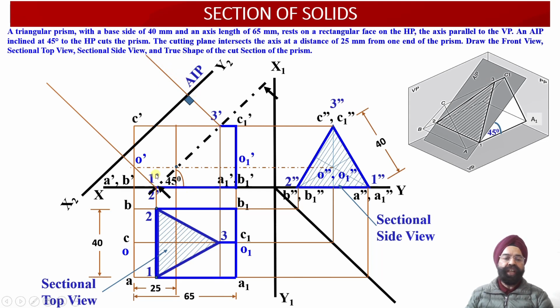Now corresponding to the points 1 dash and 2 dash, auxiliary plan projections of the points 1 and 2 will be located alongside this projector line. Similarly corresponding to the point 3 dash, the auxiliary plan projection of the point 3 will be obtained alongside this projection line.